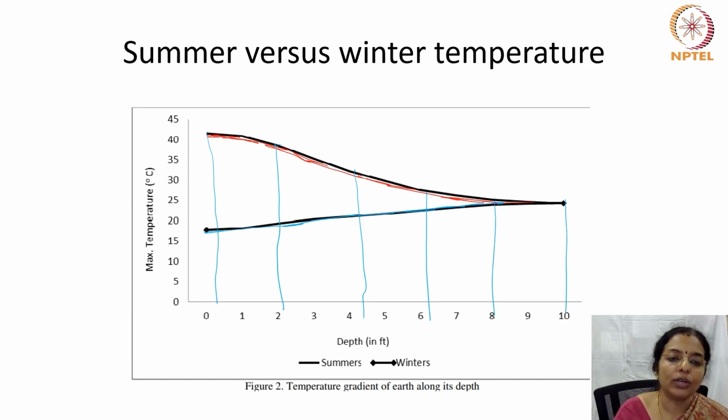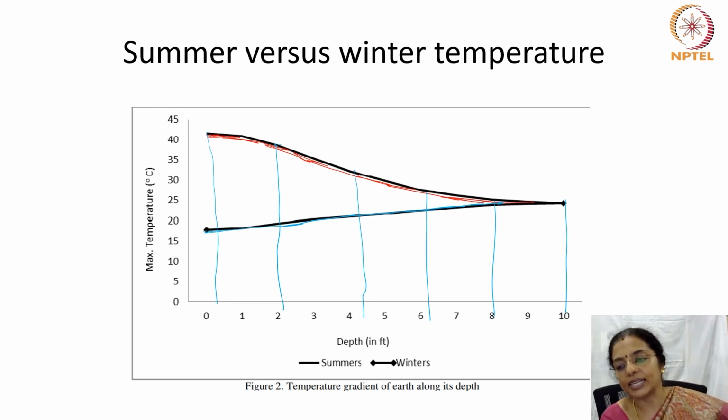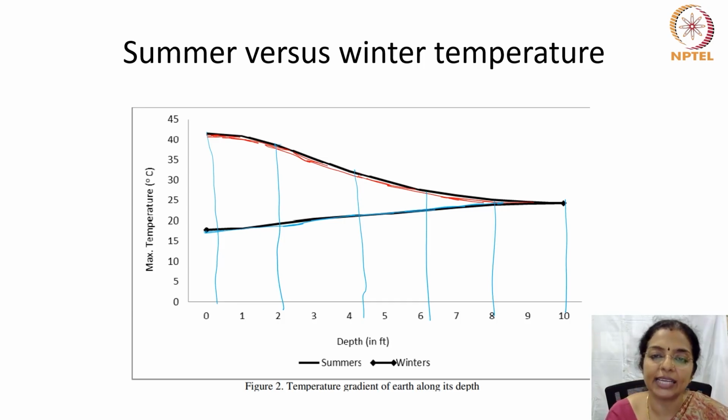And they found that as the thermocouple went towards 10 feet, that is, as the soil depth increases, the temperature of the soil moves closer to the average temperature of that place.